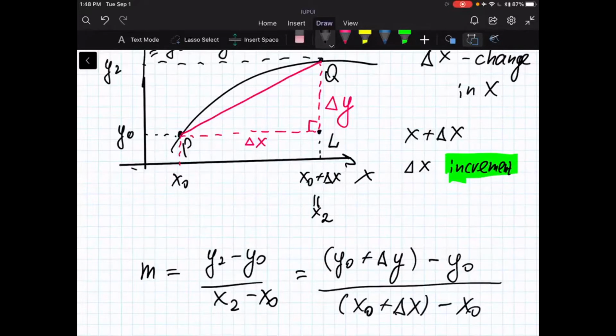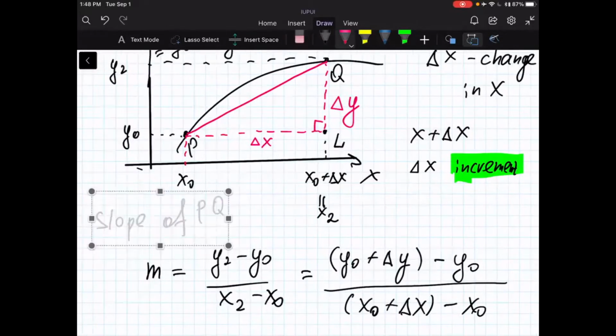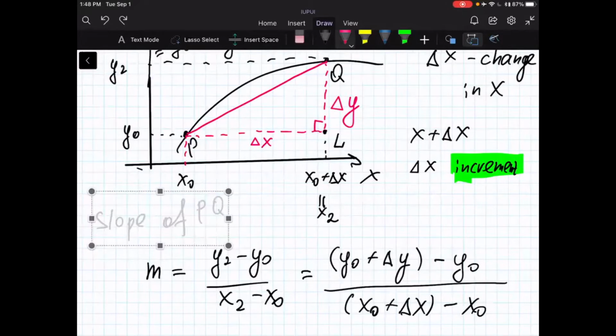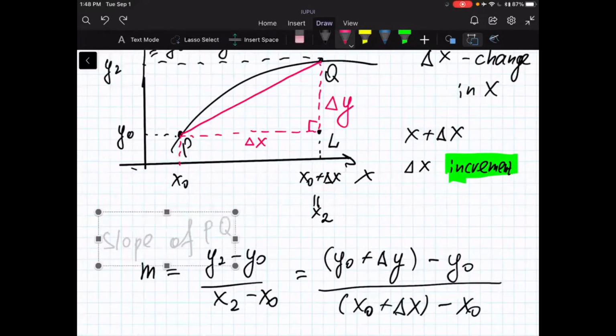Correct? This is the slope of the chord PQ.